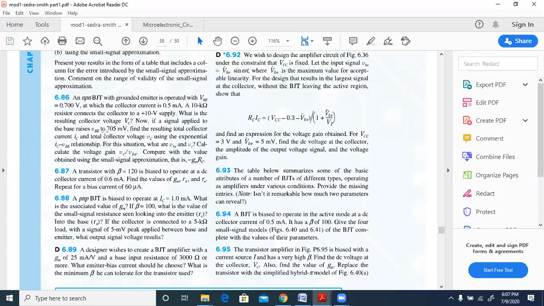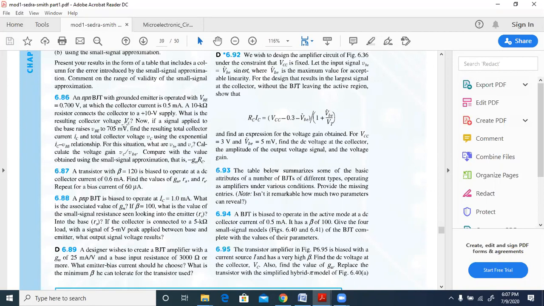So totally the difference, small vi, will be equal to 0.005 volts, that is 5 millivolts. We can just write that as the input value.